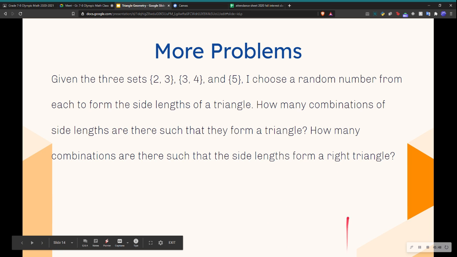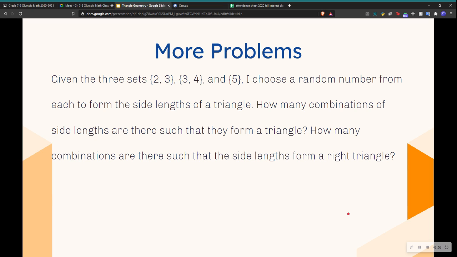So I'll give you guys a minute to think about this, how you approach it. So we'd have to use the concepts that we learned earlier: the Pythagorean theorem, and then the triangle inequality theorem. So keep that in mind.